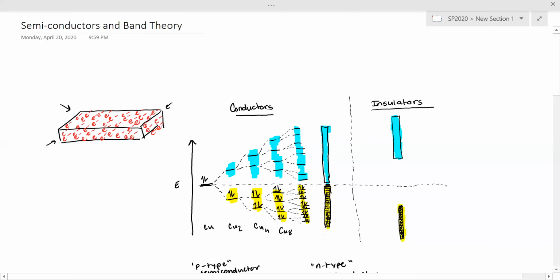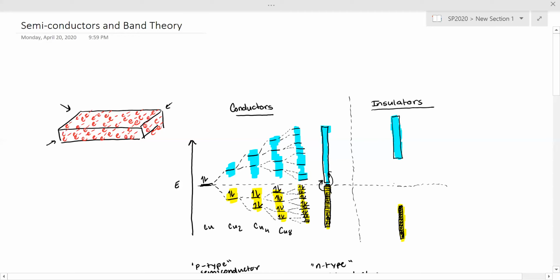What you see in conductors is that it doesn't take very much energy for these electrons to move straight up into these unoccupied orbitals. This is what makes conductors so good at transferring electrons, because they have this giant range of unoccupied orbitals where these electrons can easily move.